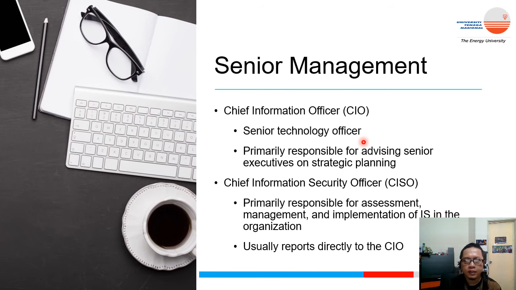And then you have the CISO. This person is responsible for assessment, management, and implementation of information security in the organization. So basically, whatever the technical people or implementers are doing, he will tell the CIO, okay, these are the things that we need to do, this is what we have done, so please deliver this to our top management.